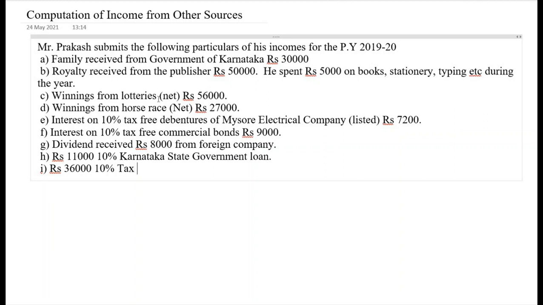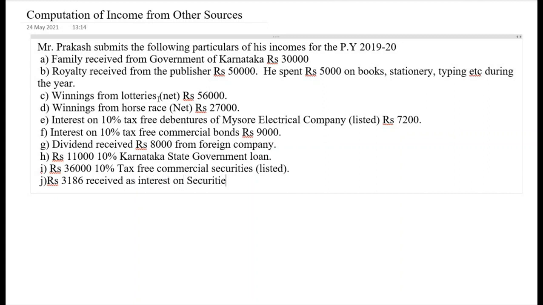10% tax-free commercial securities in the bracket listed, rupees 3,186 received as interest on securities of textile company listed, amounting to rupees 3,000, amounting to rupees 3,600.